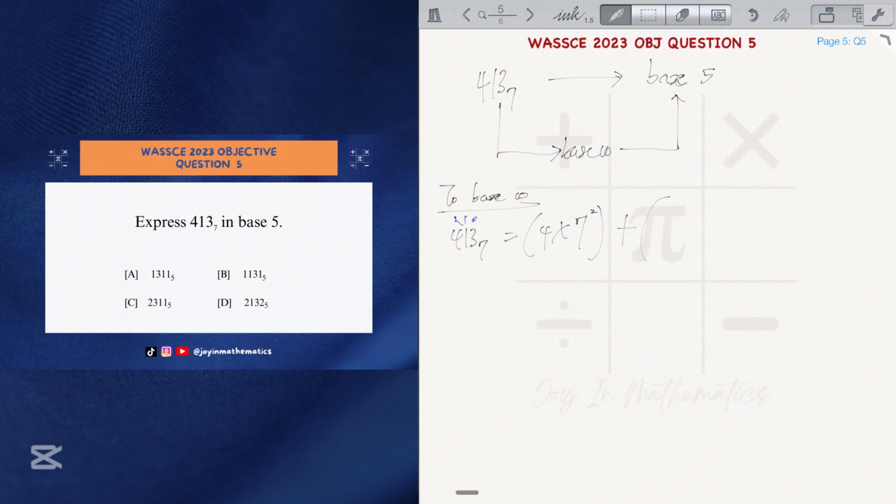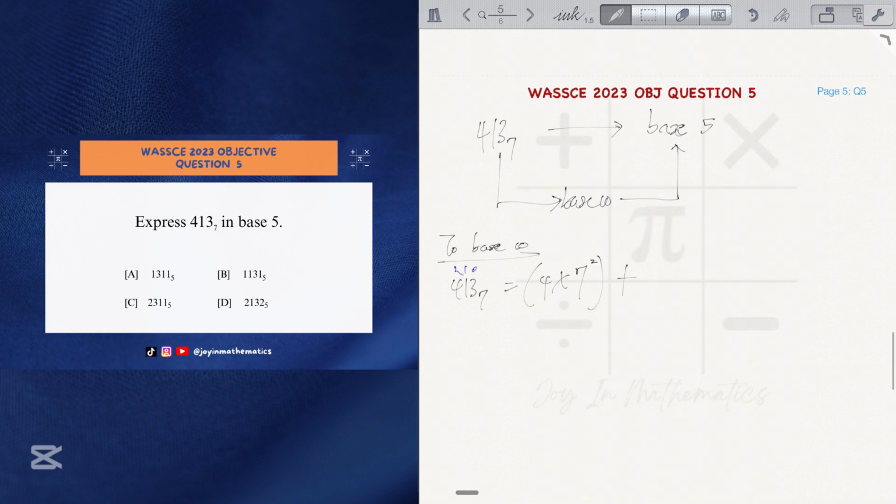Adding, we proceed to 1, using 7 as the multiplier. The power on top is 1. Plus 3, using 7 as a multiplier, and the power on top is 0.